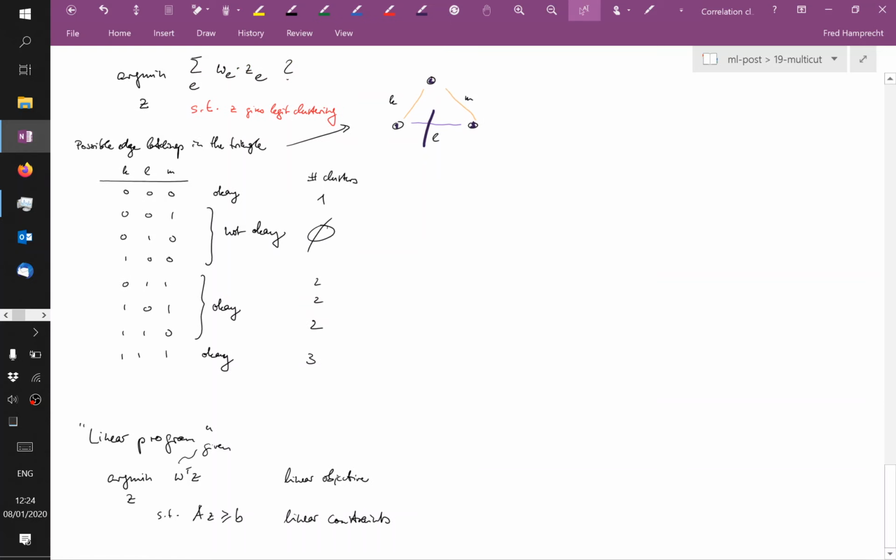So as long as we talk about triangles, actually, we can think of all of that as needing to obey the triangle inequality.